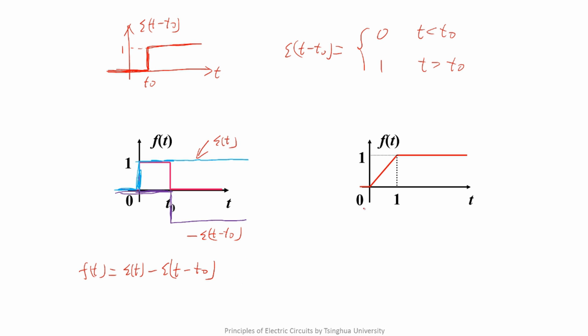Next, we discuss a more complicated function. When t is between 0 to 1, it's a straight line whose slope is 1. When t is greater than 1, it's a horizontal straight line whose height is 1. We can have several perspectives on this function. For example, we can suppose it equals this function plus this function.